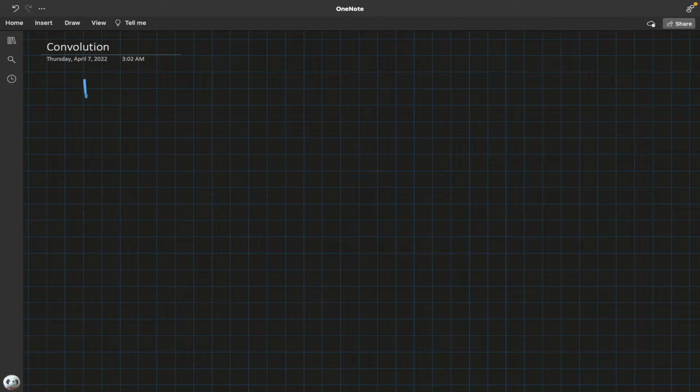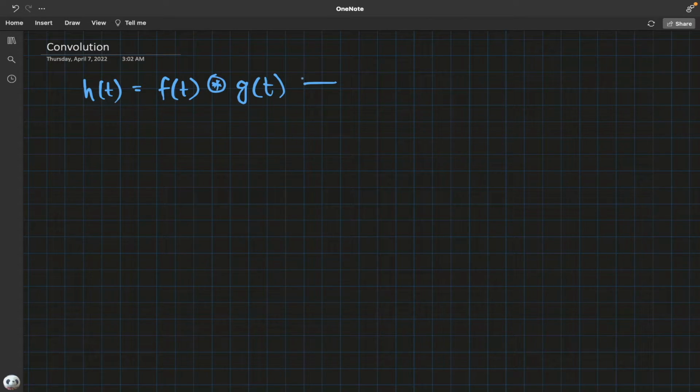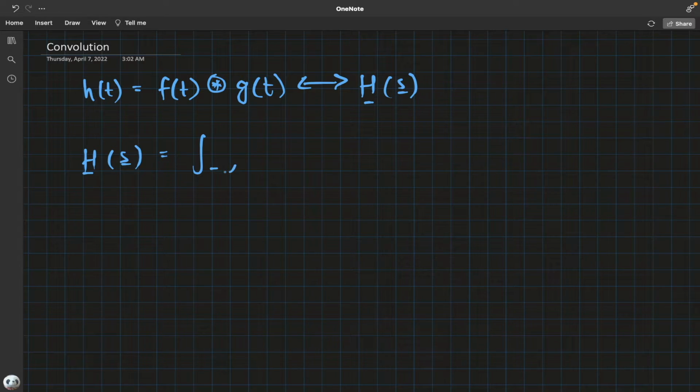Okay, moving on. H of t was f of t convolved with g of t, which I'm going to write the transform of this guy to be H of s. H of s was the integral from minus infinity to infinity.